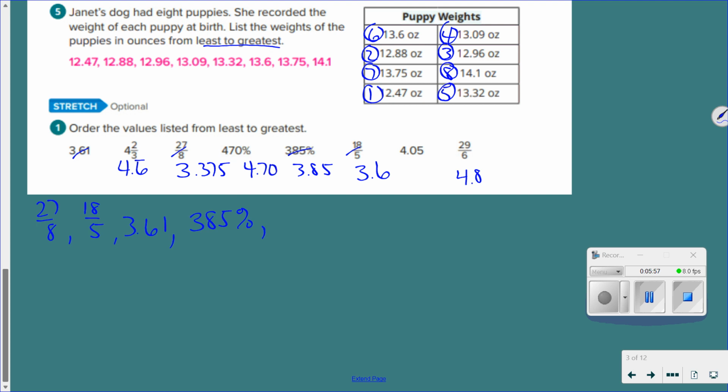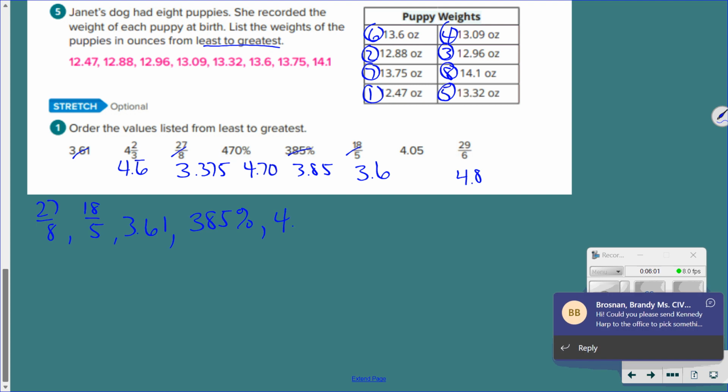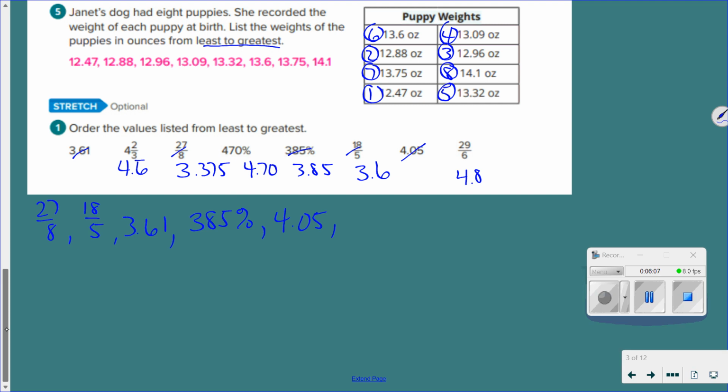Then we had 4.05. Yeah, I got it. Then we have 4 and 6/10. Then we had 29/6. No, 470%.